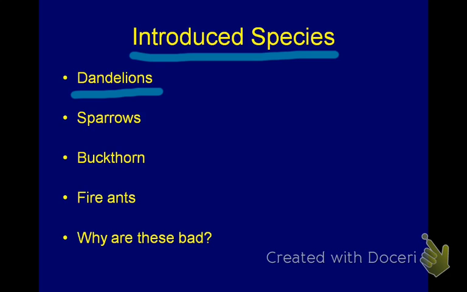And they weren't meant to be in this ecosystem. Sparrows came across from Europe on boats or with boats. They don't have any natural predators in this ecosystem, so they eat whatever they need to eat and nothing preys upon them. Buckthorn. We're going to go out to the woods when the weather gets nice, and I'll show you what buckthorn looks like.